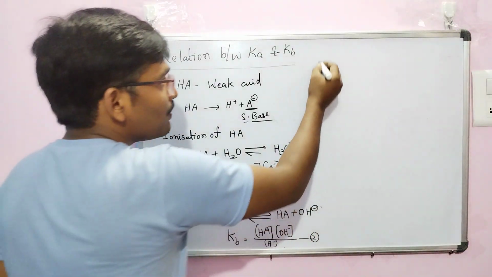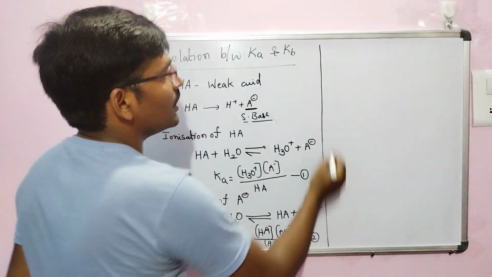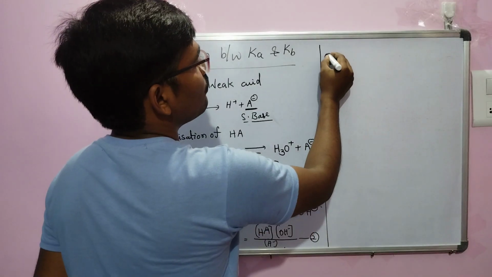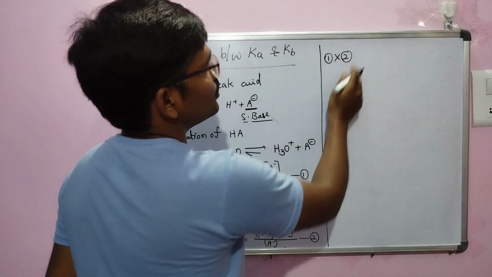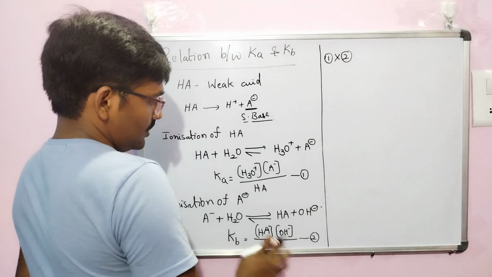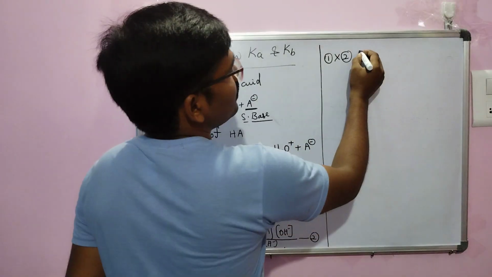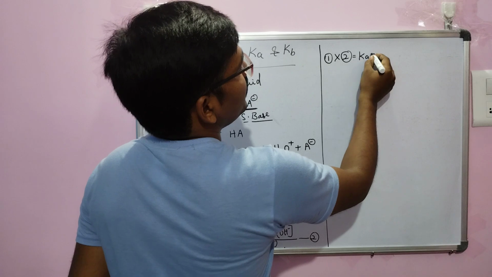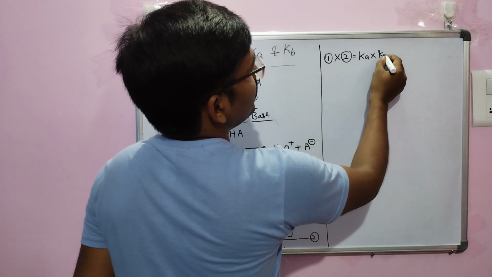If we multiply equation number 1 and equation number 2, we get Ka into Kb.